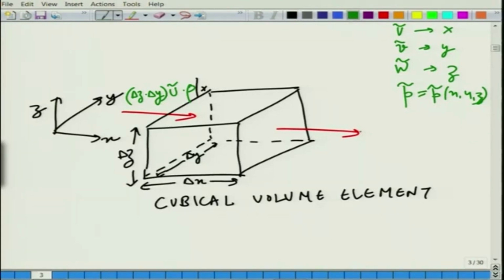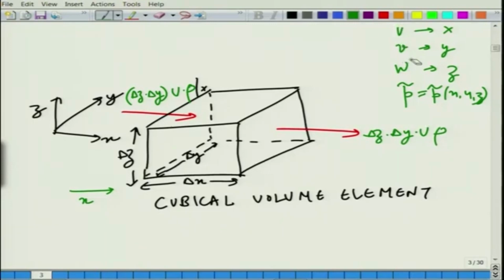Now, what do we do after this? We also need to worry about the flux that goes from the other face. So, if you are considering this as x, this is x plus delta x. So, delta z into delta y into u tilde rho, actually this can be just the velocity. We will do linearization later.